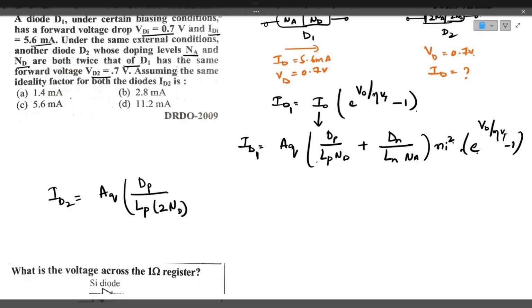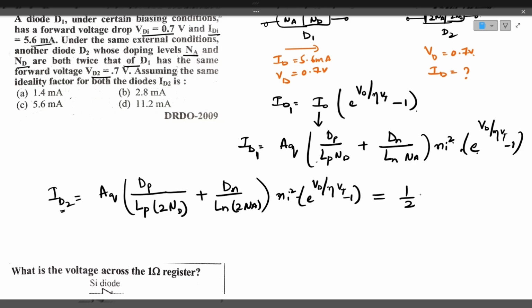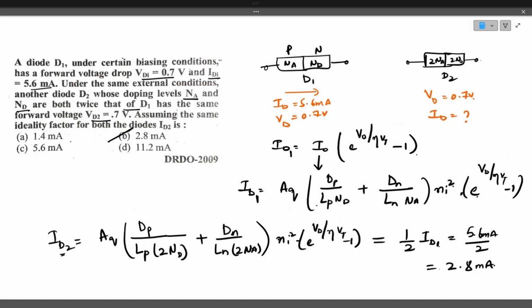In place of Nd, it is 2 Nd for ID2, the second diode, plus Dn divided by Ln, 2 times Na, Ni square, e to the power of VD by eta Vt. Even the forward voltage VD remains constant for both the diodes. This is nothing but half of ID1 if you take 2 common out. So what is ID1? 5.6 milliamps divided by 2, that is equal to 2.8 milliamps. So the answer is option B.